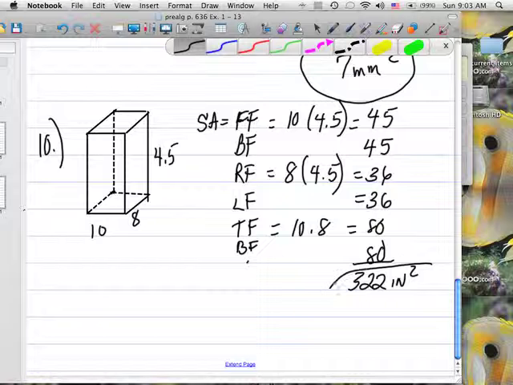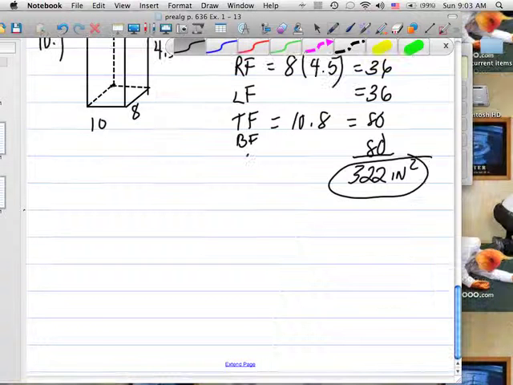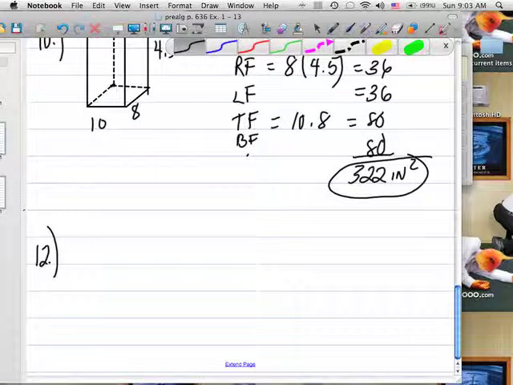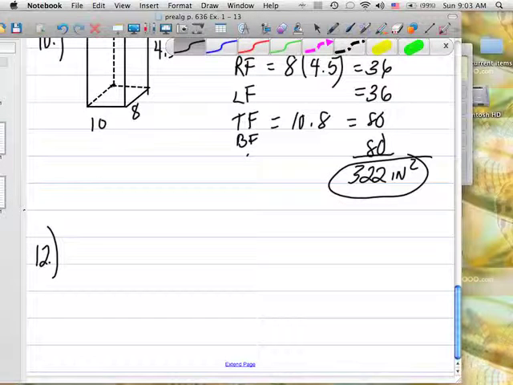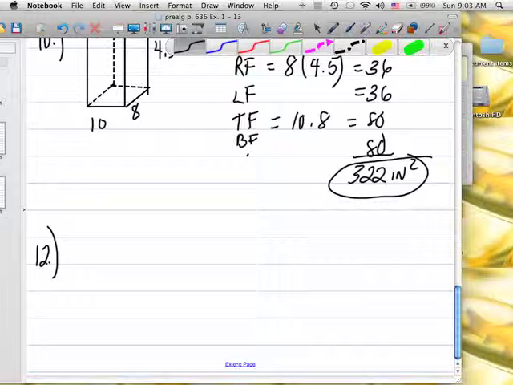Or square inches. And number 12, the length of a box of granola is 5 inches, the width is 2, and the height is 7 3/4. So we're going to use another rectangular prism.